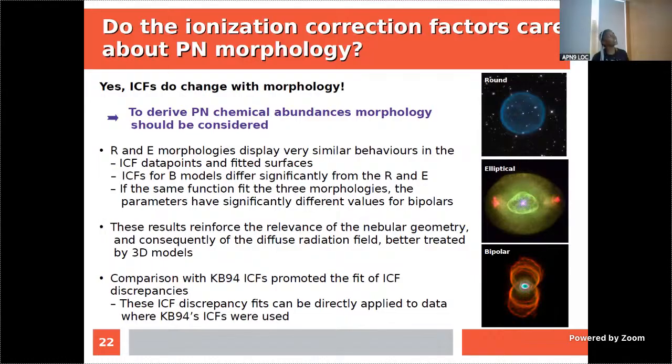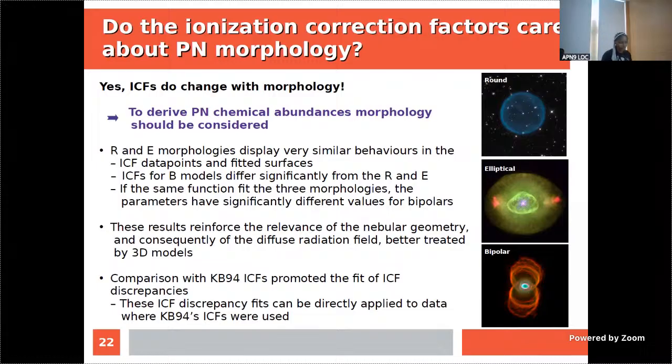The first thing is that, yes, the ICFs change with morphology, and much more for the bipolar than for the other two morphologies that we tested. The other thing is that this has to do with the fact that diffuse radiation is much better treated in 3D than in 1D.